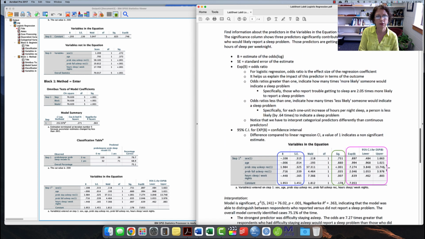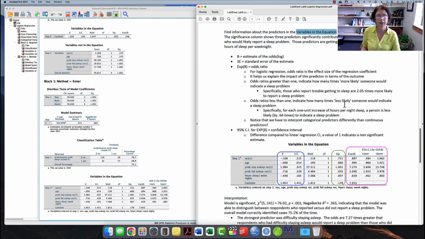Then we go down to information about the predictors. We find that in the variables in the equation table. And the significance column is what tells us which predictors were contributing to determining if someone was going to be in the no problems reported or the yes problems reported categories.